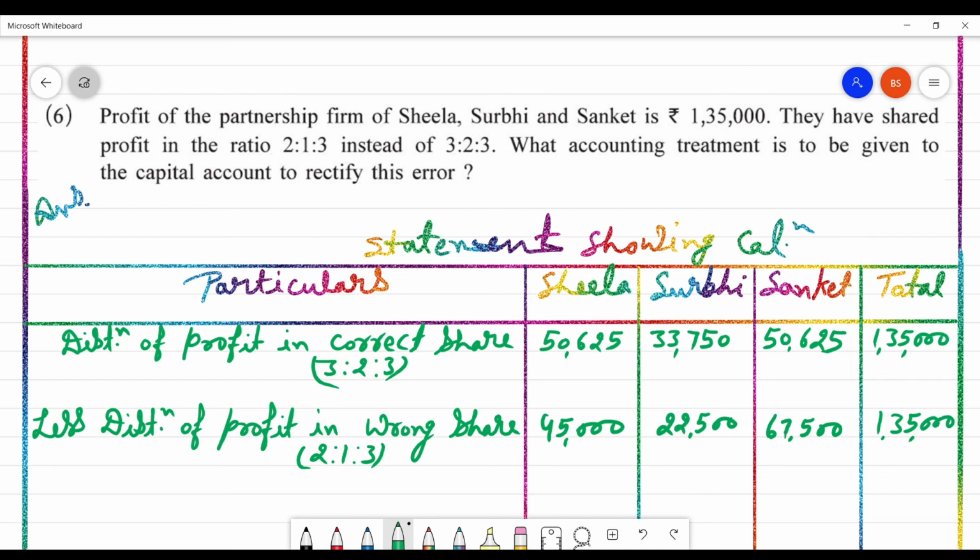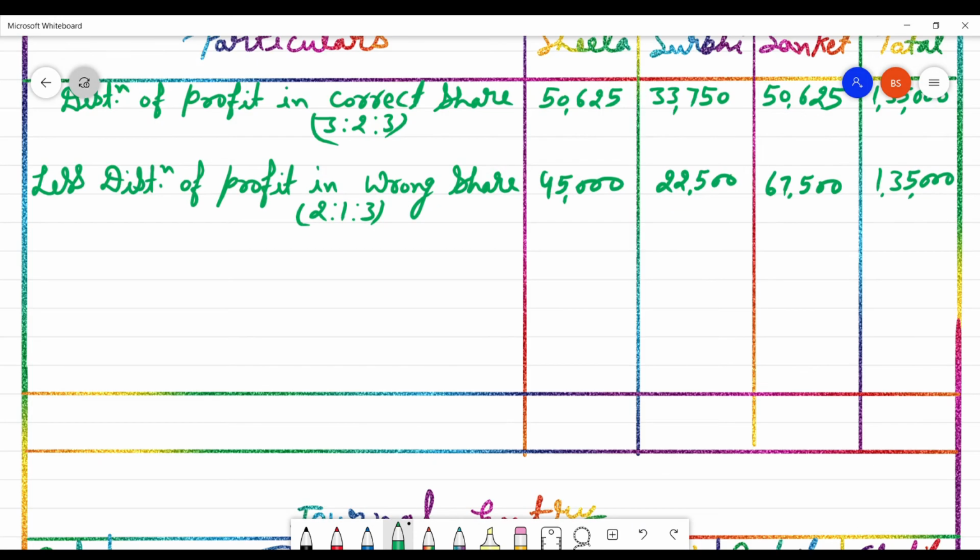After that, we will deduct these wrong shares from the correct share. So 50,625 minus 45,000, the amount will be plus 5,625.